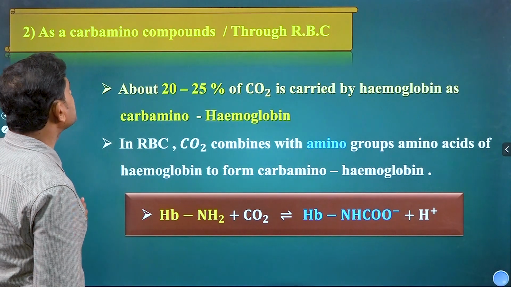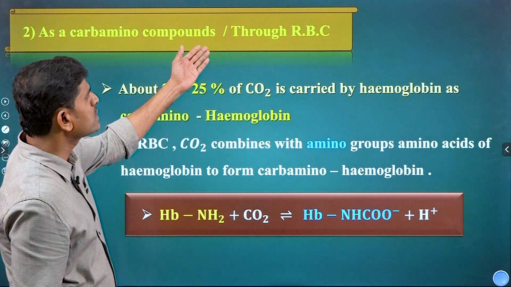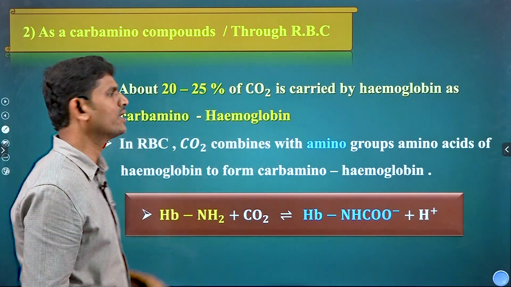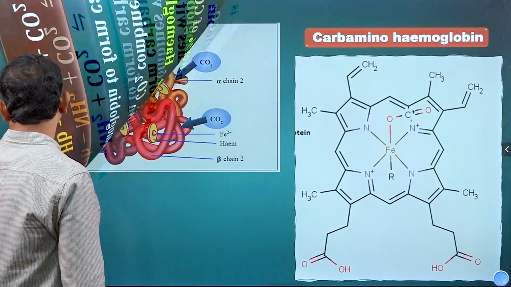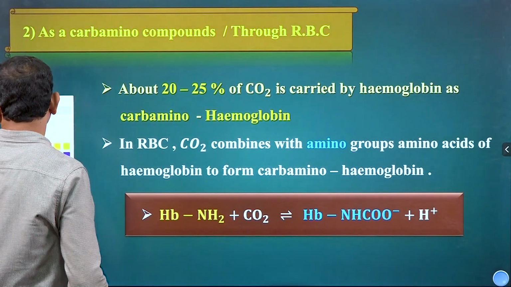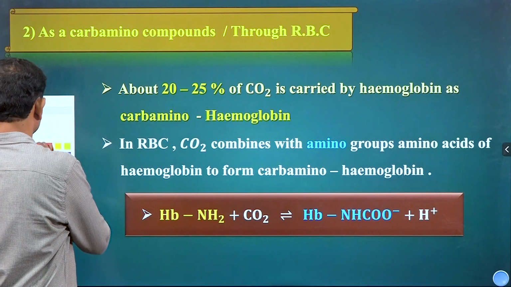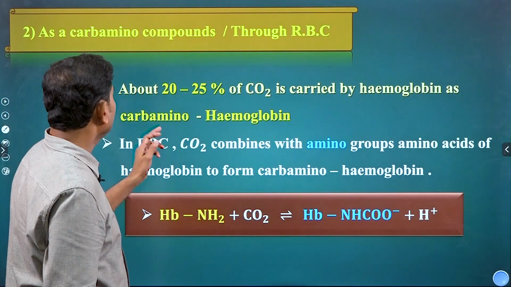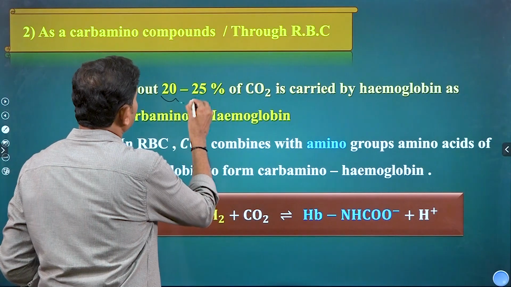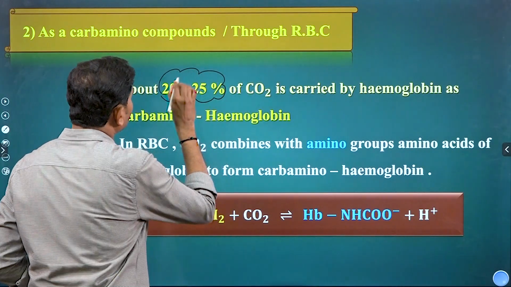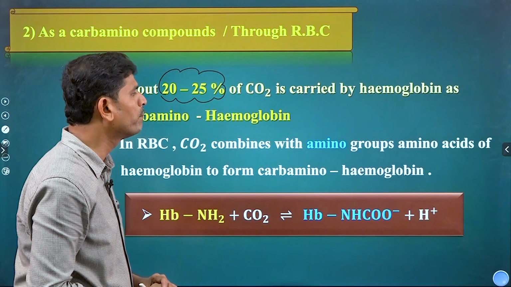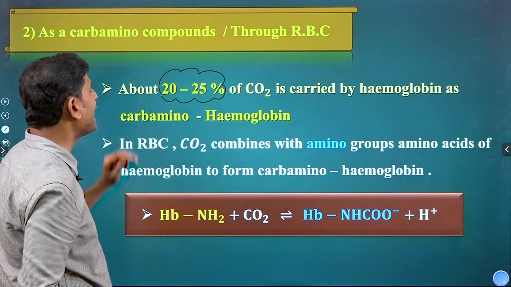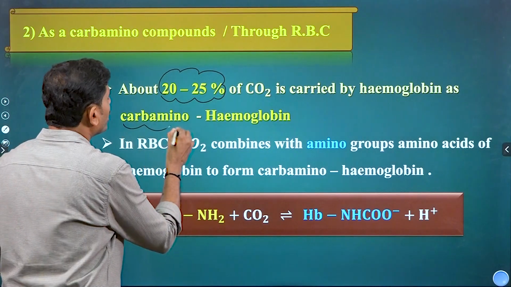Next method: carbamino compounds through RBC. As we discussed, 20 to 25% of CO2 is carried by hemoglobin as carbamino hemoglobin.